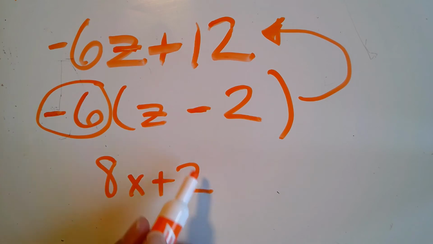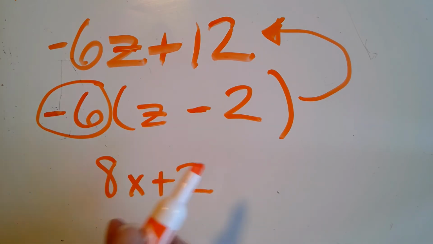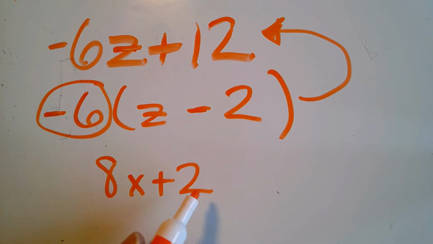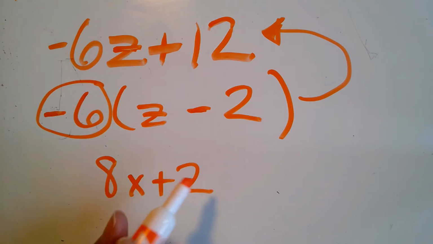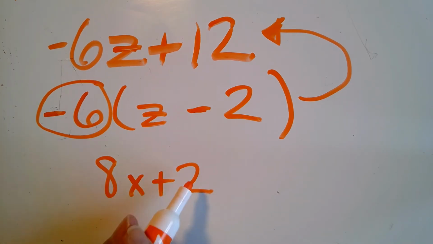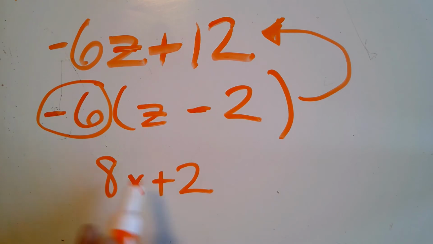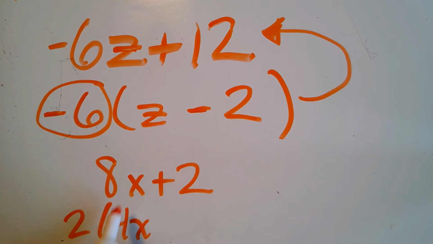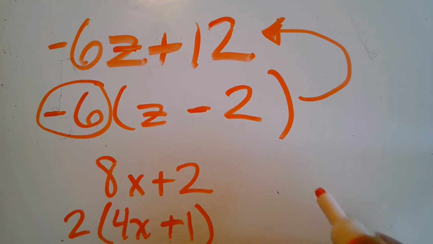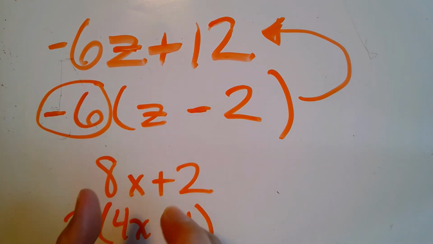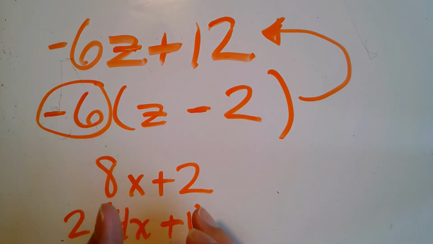And we know we want to factor this out too. So what is the greatest common factor of both of them? Well, it's 2, right? So 2 times 4x would be our 8x, and then 2 times 1 would be our 2. So you're looking for the greatest common factor of both terms, and that should be the number that you pull out, or your coefficient.